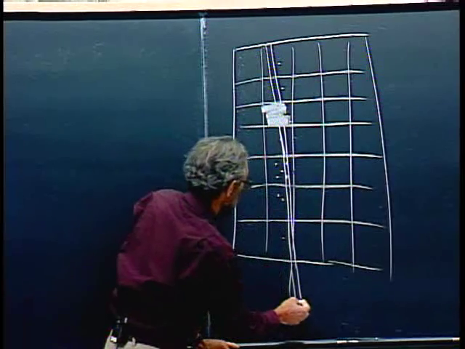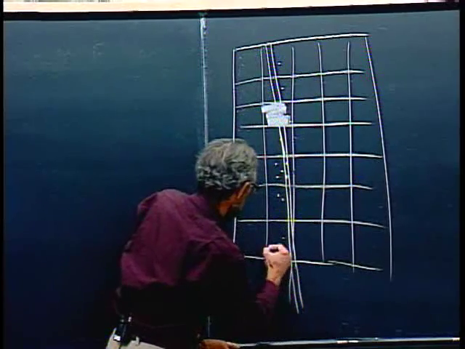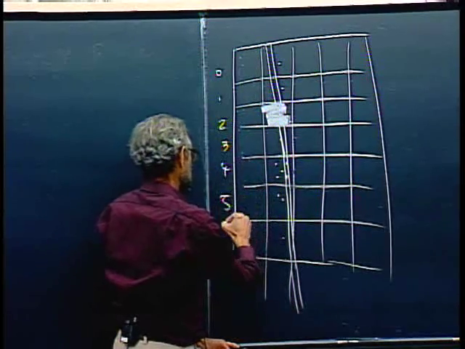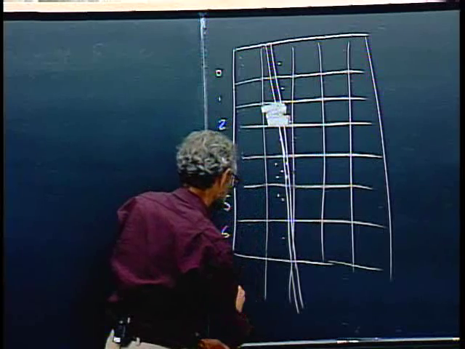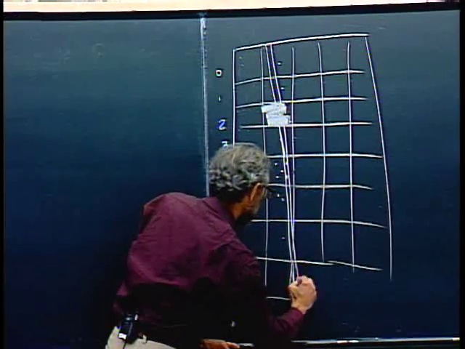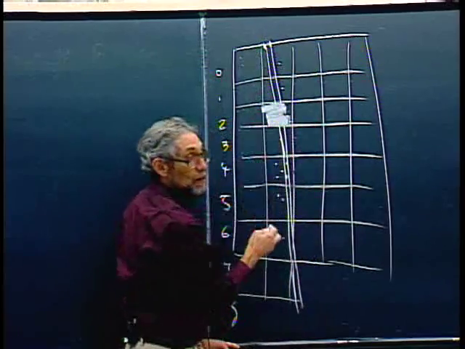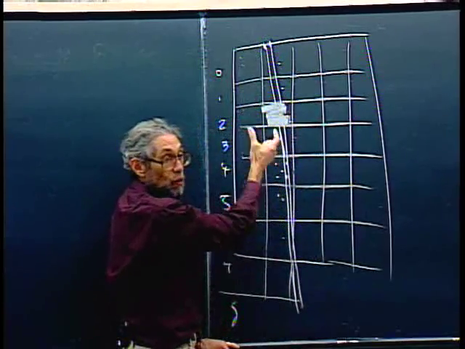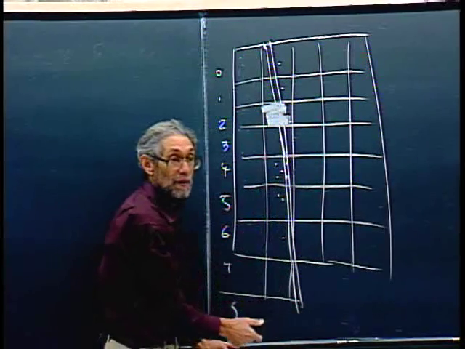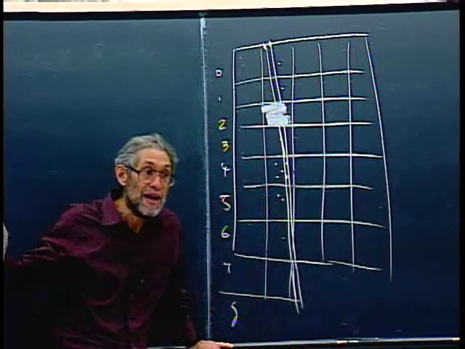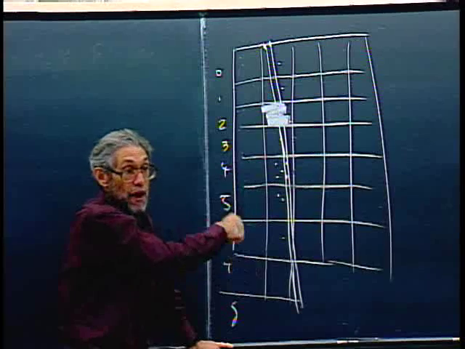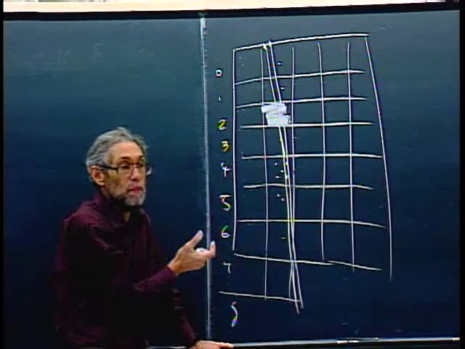Well, maybe this is row 0, 1, 2, 3, 4, 5, 6, 7, 8. So by the time it gets over to the next one here, it's going to sort of look like there. So it's the slope rather than the width that determines the repeating cycle. But if it's an integer, it's repeating. If they were random, it wouldn't do that. The distribution of which pixels were on would be sort of more random. You wouldn't see the repeating pattern.